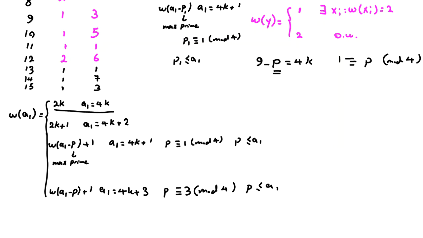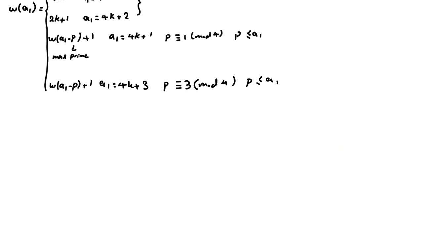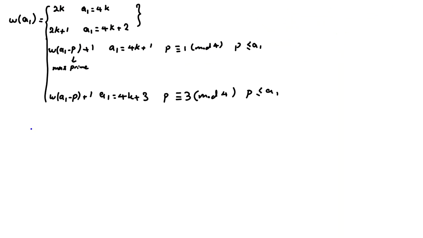So for this number, let me explain why I want to prove these two things first. Let's see whether to prove it by induction or not. For example, suppose A1 is 4K, 4K plus 1, 4K plus 2, 4K plus 3, 4K plus 4, 4K plus 5, 4K plus 6.